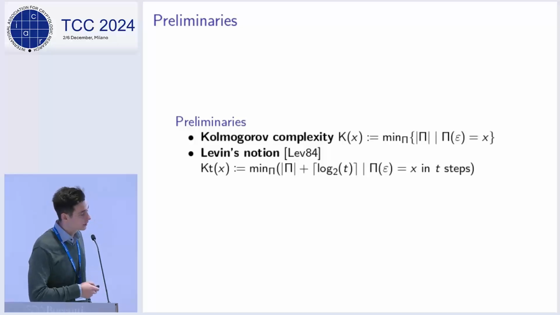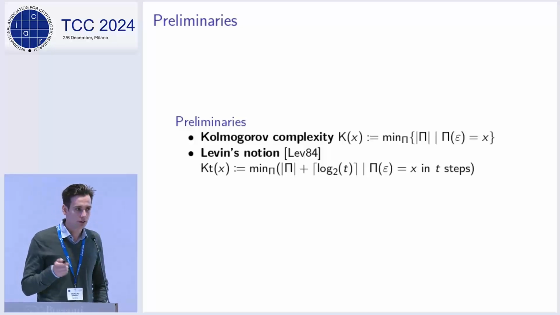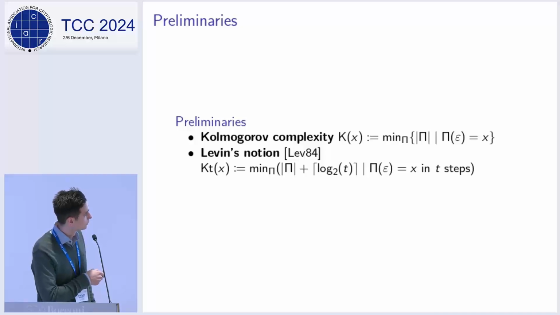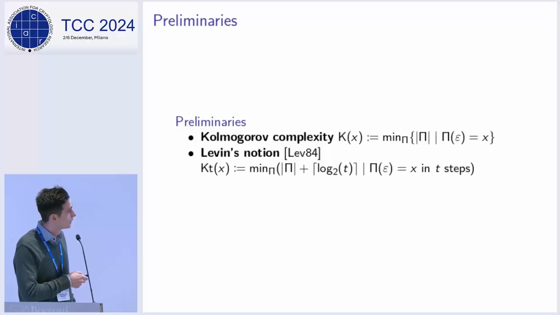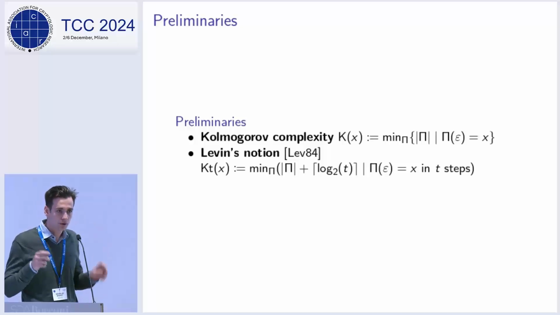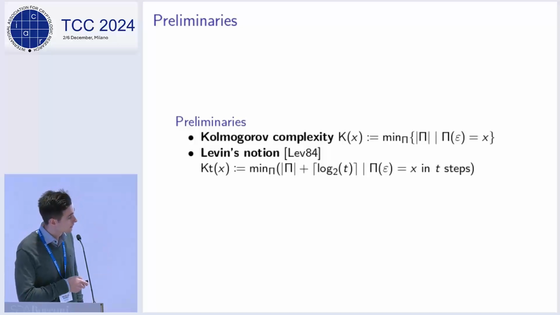And this particular talk, and also Shuichi Hirahara's talk, is going to be about Levin's notion of Kolmogorov complexity, which he introduced 40 years ago now. This version is a resource-bounded version of Kolmogorov complexity in the sense that we don't only take the minimum of the length of the program, but we also account for the running time of the program.